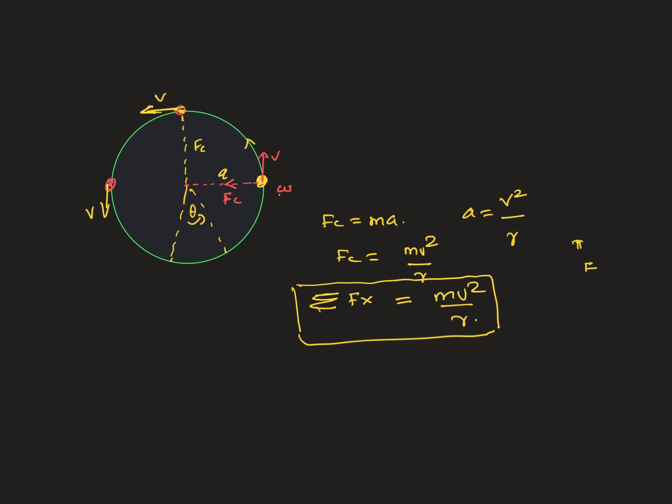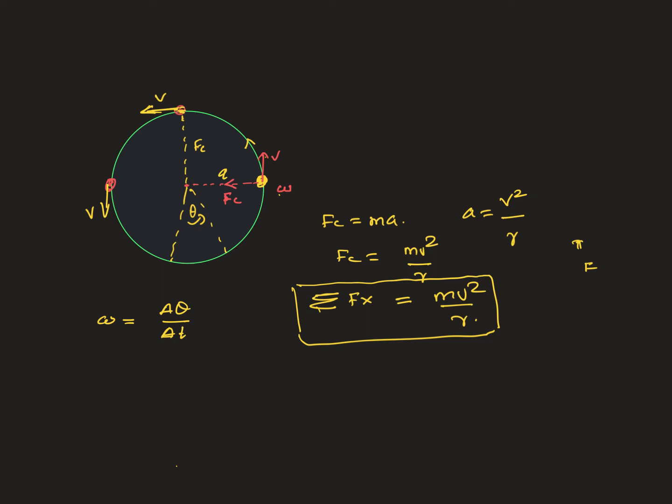The angular velocity is the angle a particular object travels in a second. So we use omega for angular velocity. That's delta theta over delta t.